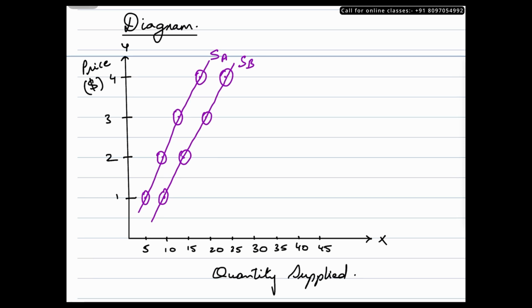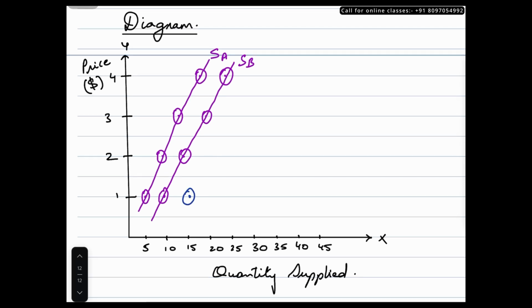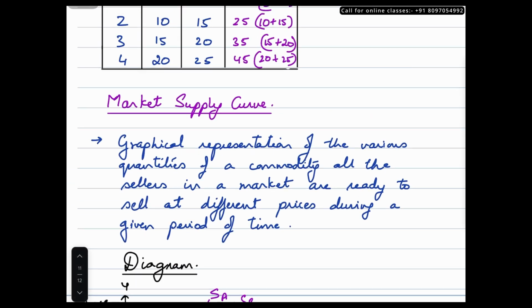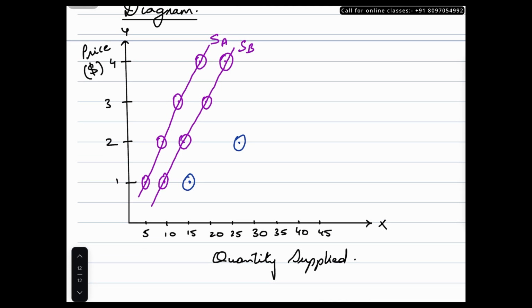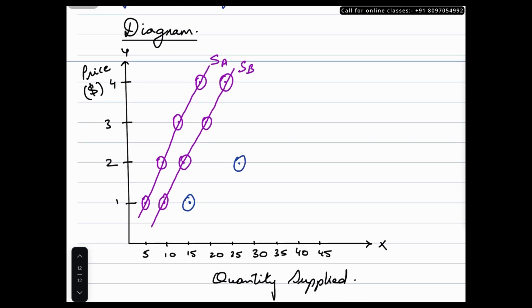So at $1 the market supply is 15. At $2 market supply is 25, so somewhere over here. At $3 market supply is 35, so somewhere over here.